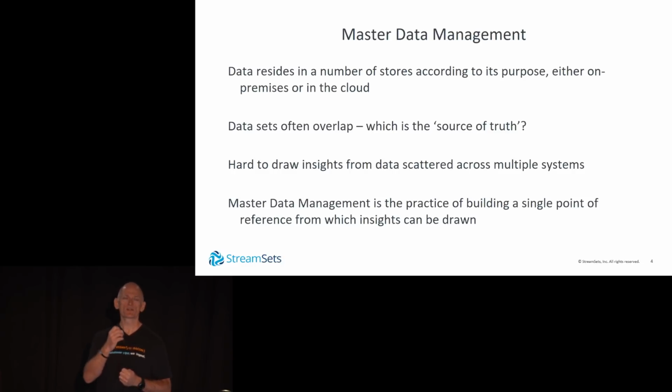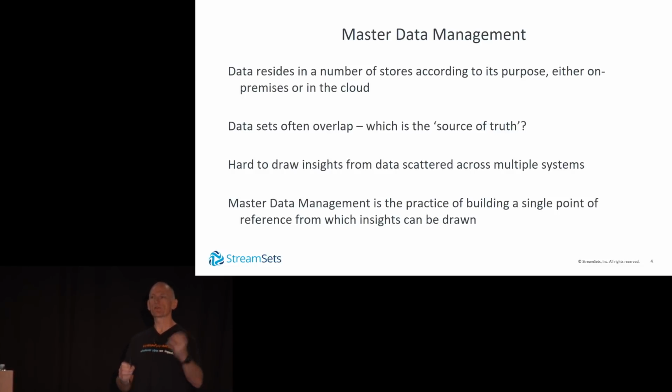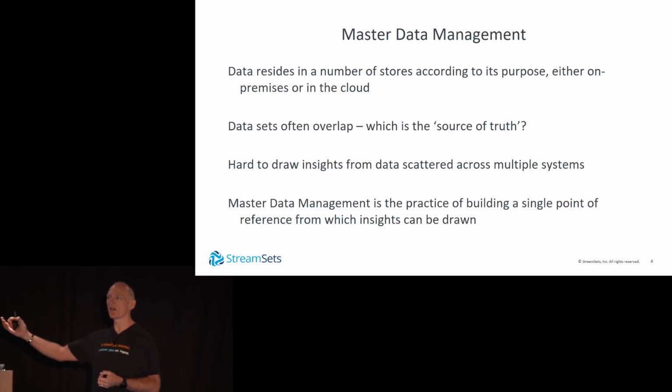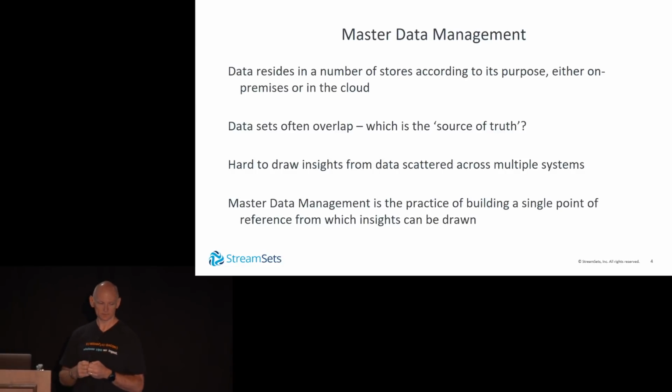And so it's hard to draw insights from data when it's scattered across different systems. It's hard to build those relationships from, say, an HR system to a support ticket system to records of faults coming in from our IoT platform.